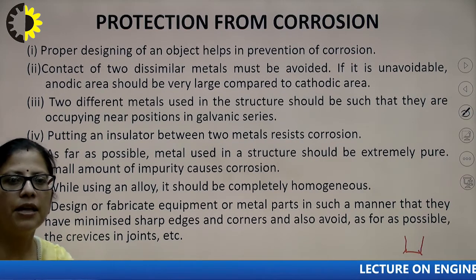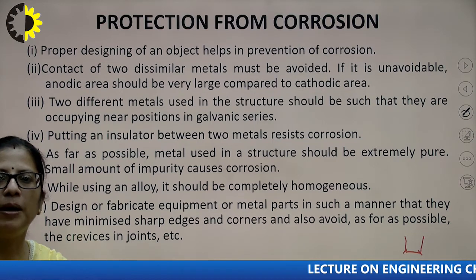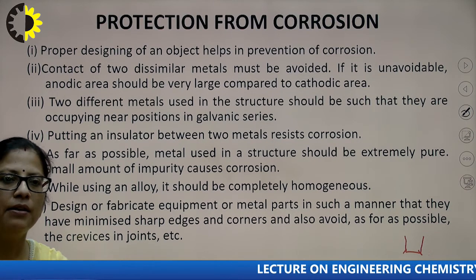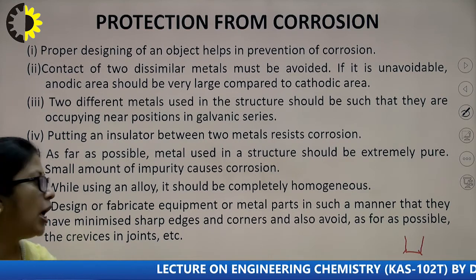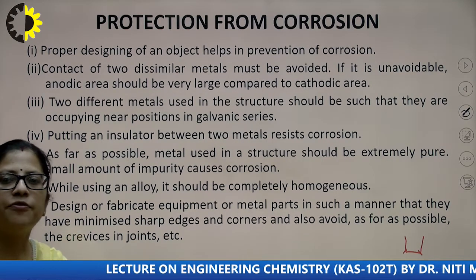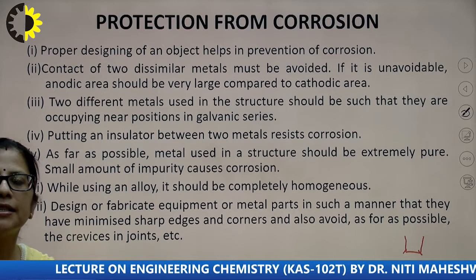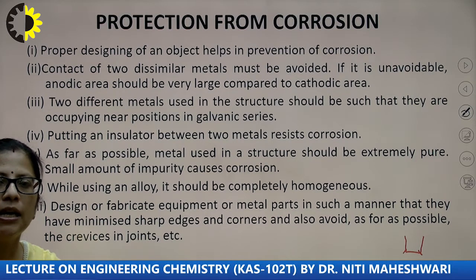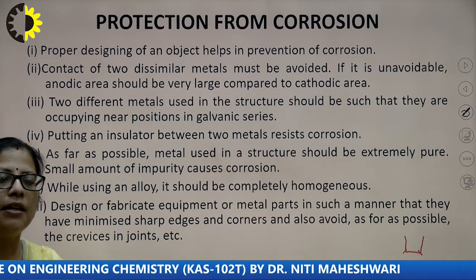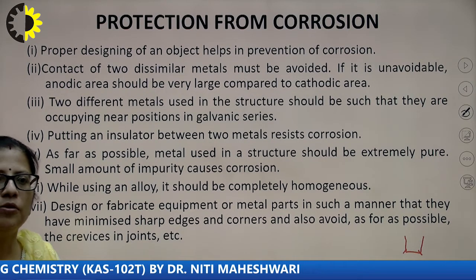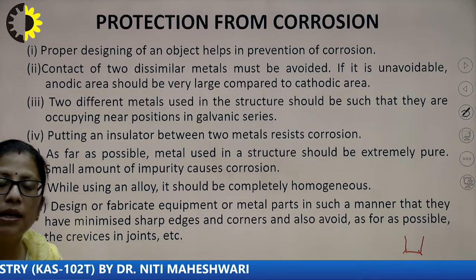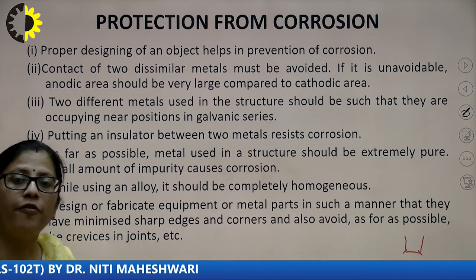Next, design or fabricate equipment or metal parts in such a manner that sharp edges and corners are minimized, and also avoid as far as possible crevices in the joints. Crevices are the gaps in the joints, in the case of nuts and bolts. So, the more the cracks, the more the rate of corrosion.